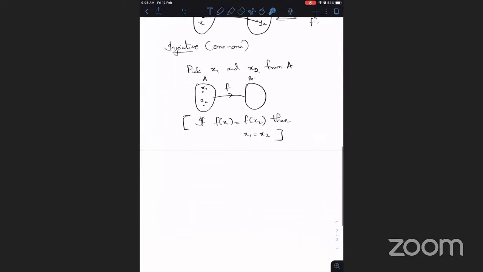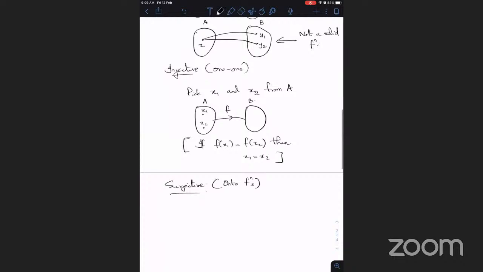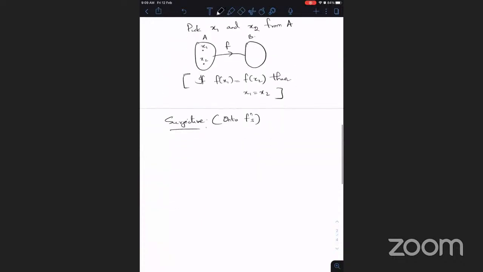And the next one would be surjective functions. So this is also known as onto functions. So what does an onto function mean? Similar to the case above, you have A and B. But here in this case, every element in B has to have a pre-image in A. So what does that mean?